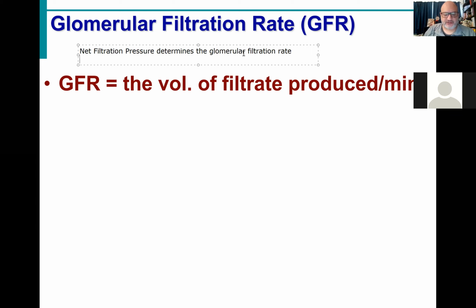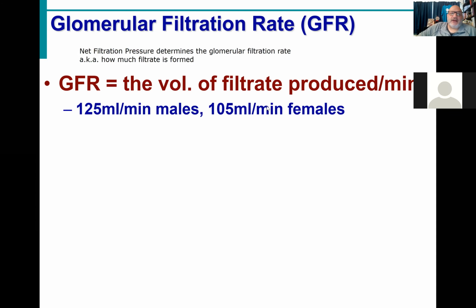Basically, how much filtrate is formed, how much comes out of the capillary into Bowman's capsule. In males, it's about 125 millimeters of mercury. In females, it's about 105.